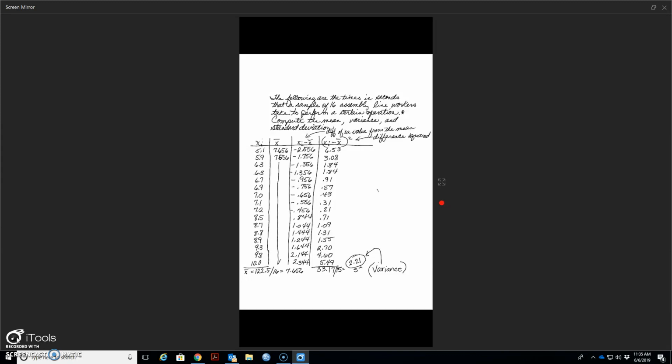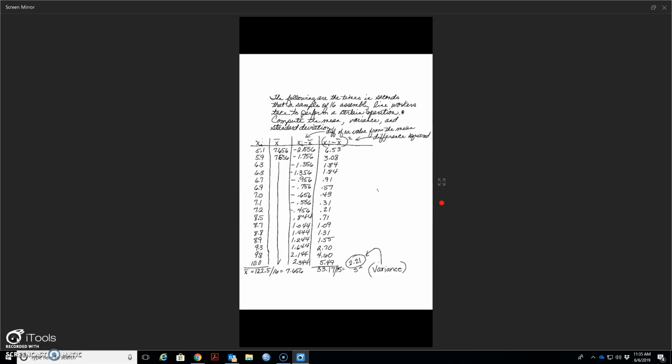Okay, this part, dividing it by the n minus 1, gives lots of students trouble. They still want to divide it by 16, but it's divided by n minus 1 because we're working with sample data here. So x bar is our statistic for the mean, and s squared is our variance.